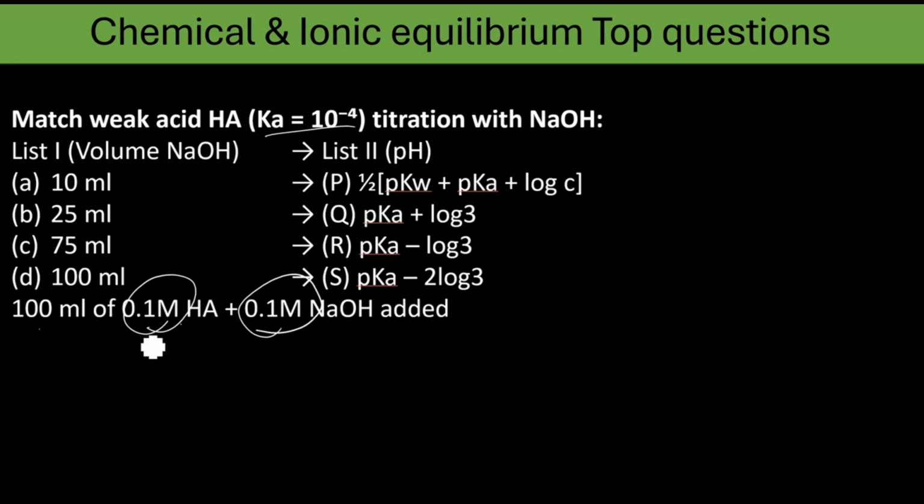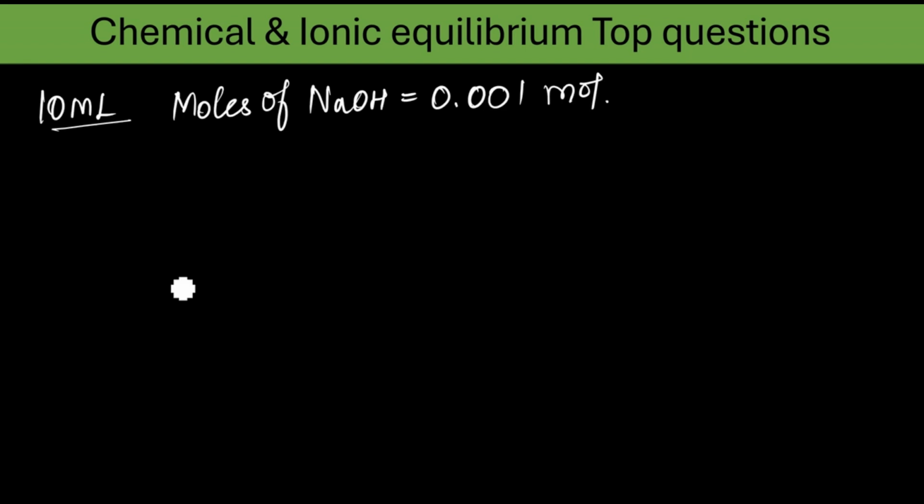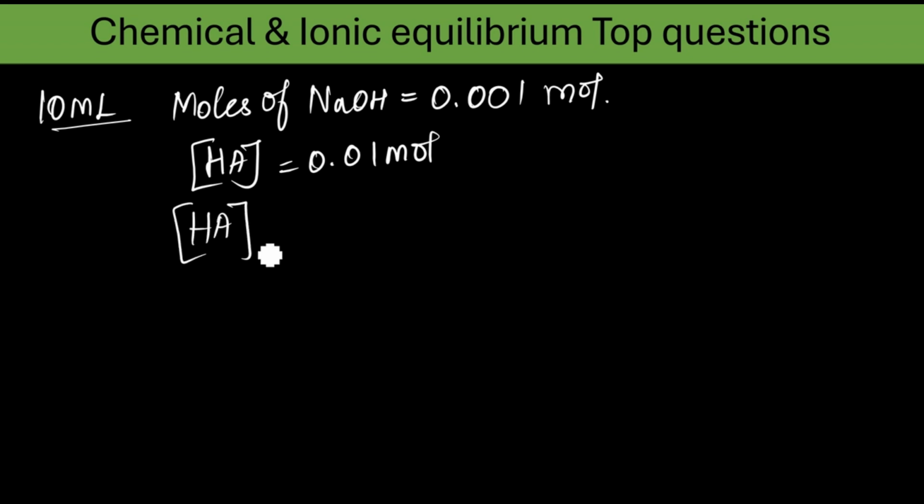The HA in the beginning, 100 ml of 0.1 molar, was 0.01 moles. So after adding this many moles of NaOH, the remaining HA after neutralization will be 0.009, right? And the salt formed will be 0.001.